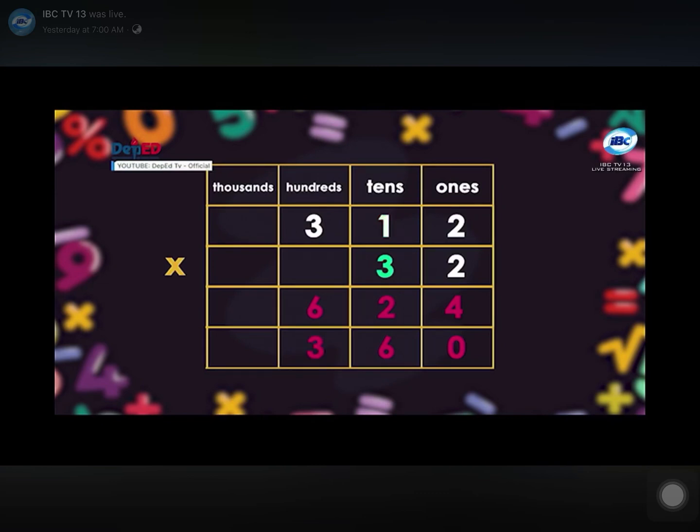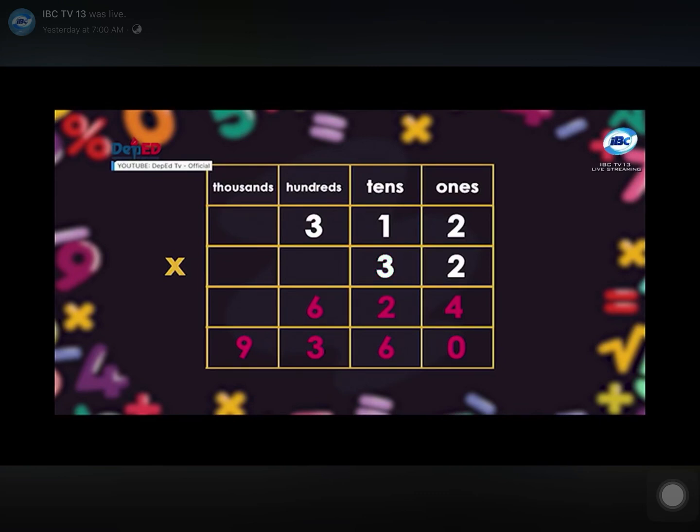We will write 3 in the hundreds place, then add 0 to 6, then 0 plus 0 is 0. Lastly, 3 tens times 3 hundreds is 9,000. We will write 9 under the thousands place and add the zeros to ones to hundreds place.